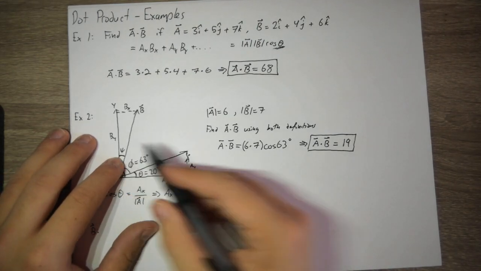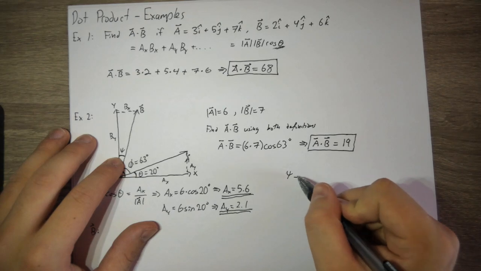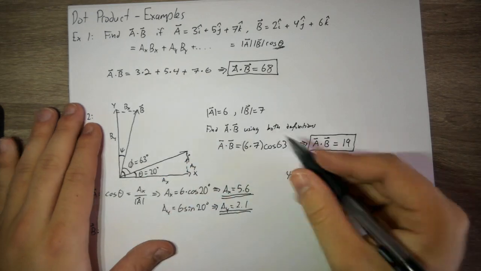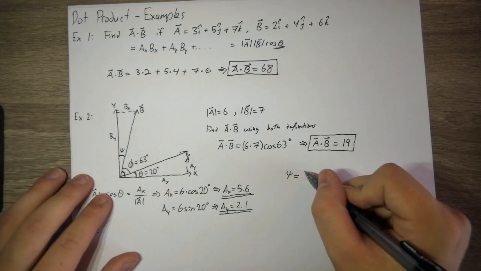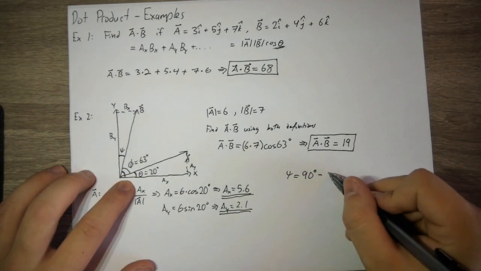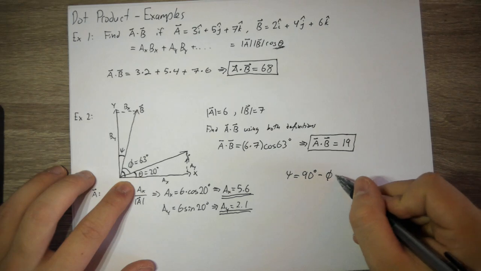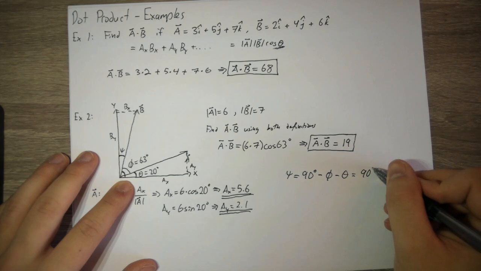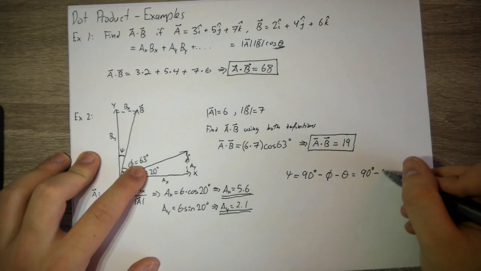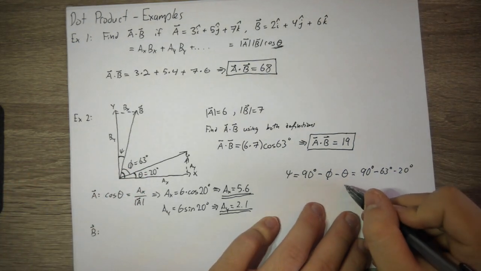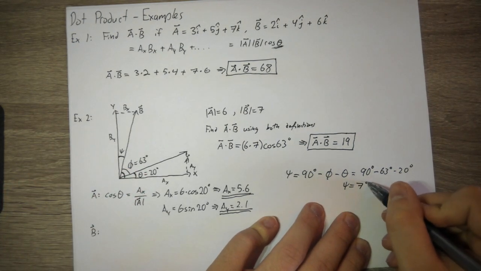So what is this angle? Well, this whole quadrant is 90 degrees, and then we can subtract out the other two angles we have: 90 minus phi minus theta, which is 90 minus 63 minus 20. And that is equal to 7 degrees.